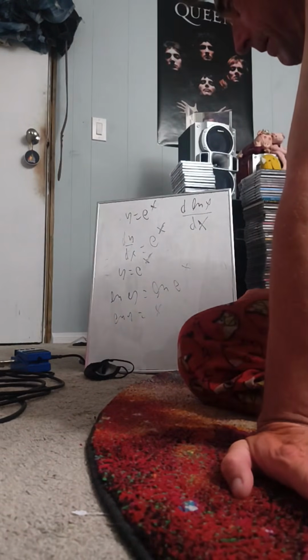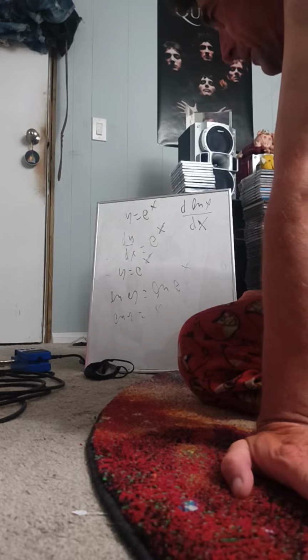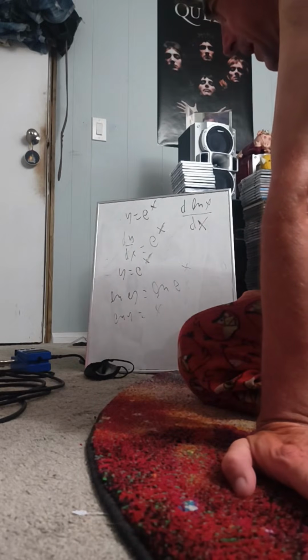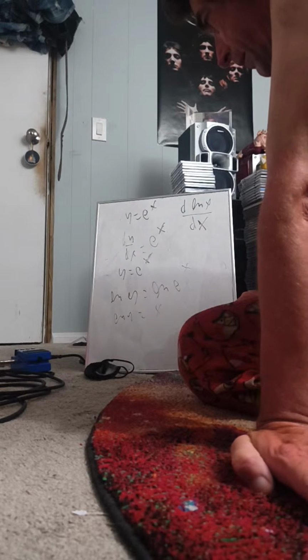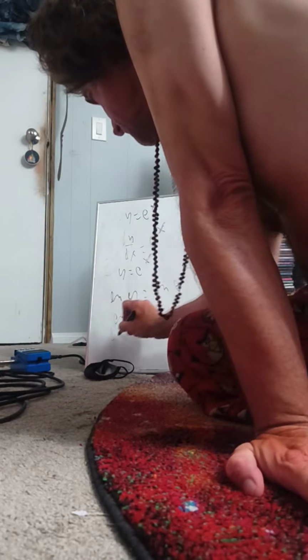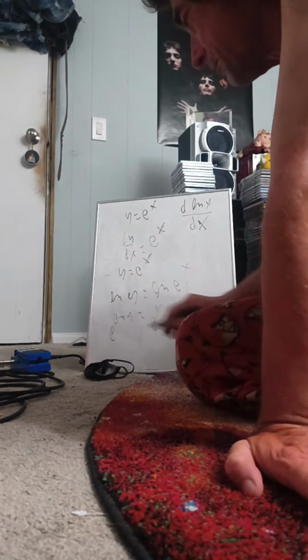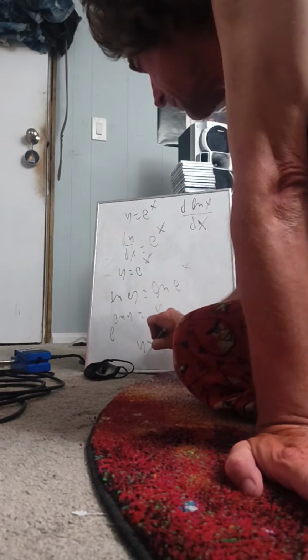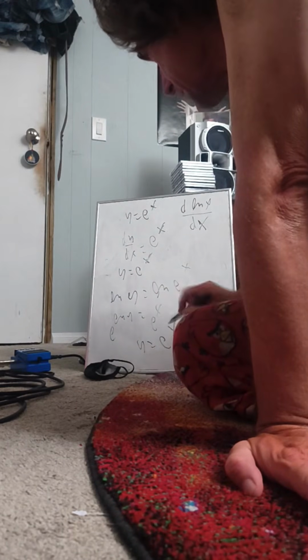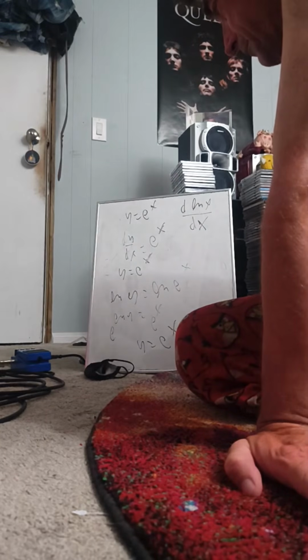Okay? Therefore, take e of both sides. e to the logarithm y equals e to the x. E and logarithm cancel each other out, so you get y equals e to the x. That's true, but I didn't get anywhere, did I?